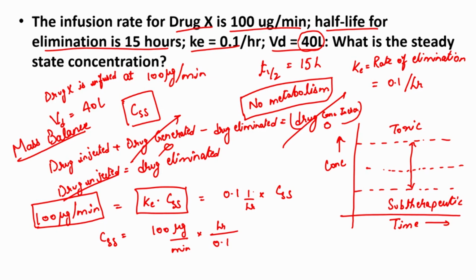To do that, I can multiply by 60 to convert this to hours so that I can cancel this. So this will basically become 60 multiplied by 100.